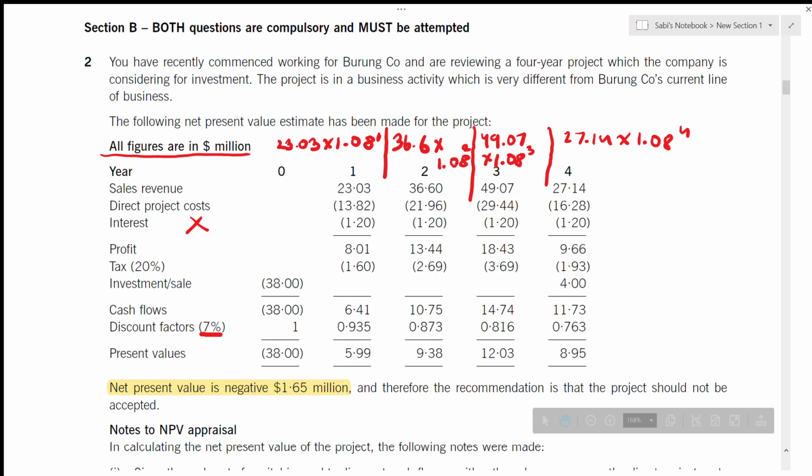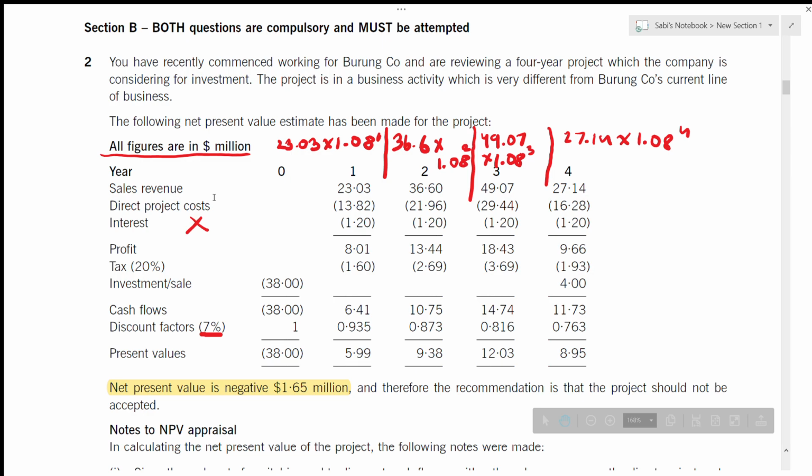Then we have to come to a profit here, taxable profit. So for the taxable profit, first you have to get the profit: the sales minus your project cost, the inflated ones which you have newly calculated.